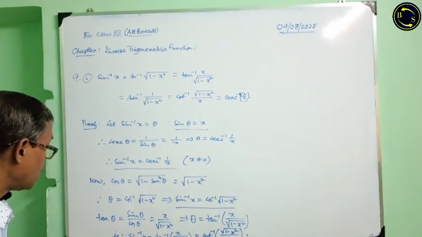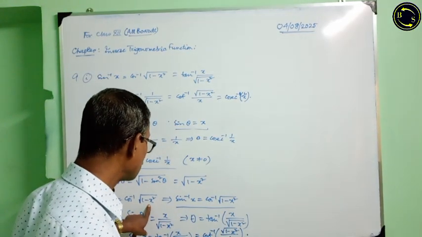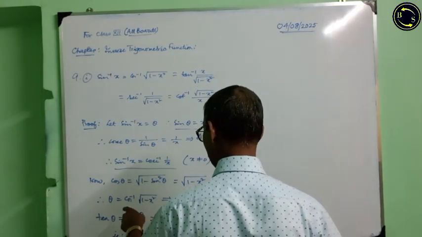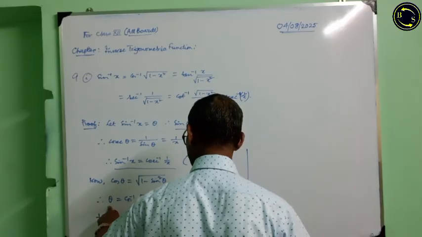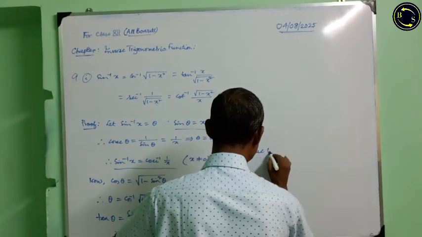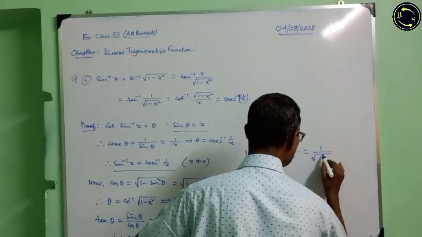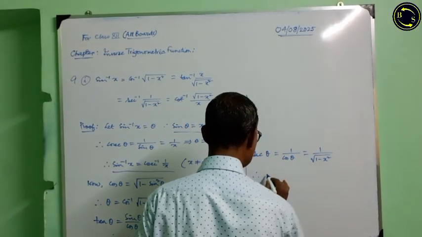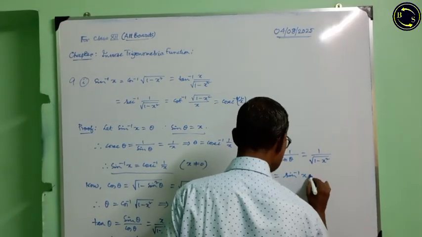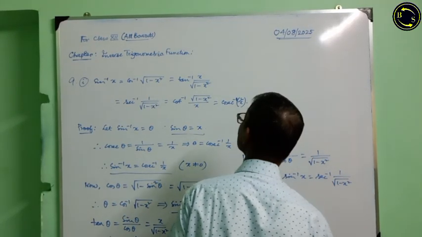Also, while we have proved theta equal to cos inverse of root over 1 minus x square, from that, cos theta equal to this one, therefore we can say easily sec theta equal to 1 by cos theta, that means 1 by root over 1 minus x square, therefore theta, that is sin inverse x, equal to sec inverse this.